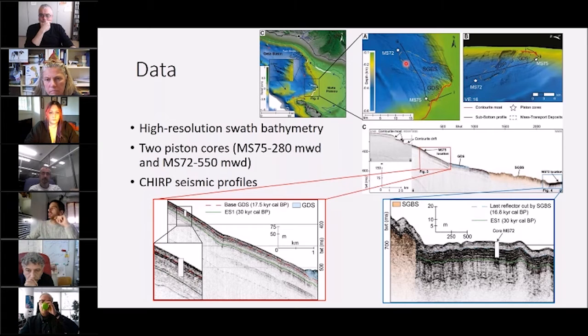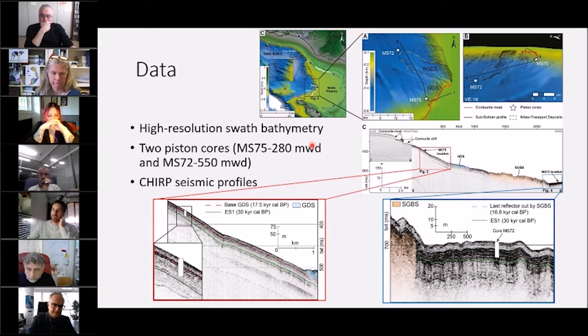One was recovered in the lower part of the slope, near the large mass transport deposit, the South Gela Basin slide, SGS, at 550 meters water depth, around 10 meters long. The other was on the upper slope, near the flank of the Gela Drift slide, the GDS, around 8 meters long.